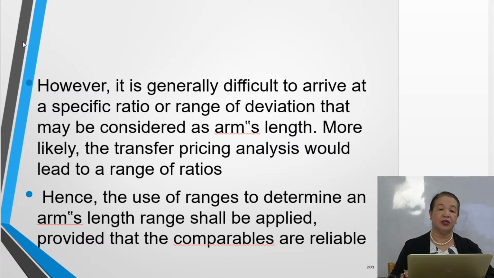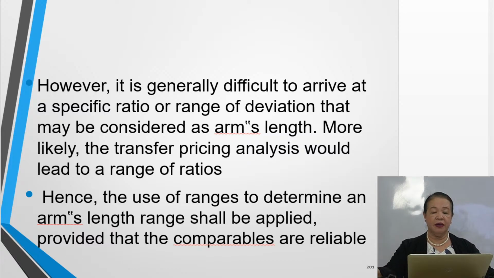Our comparables should be independent parties because our tested parties are the related parties, and our comparable should have the same functions as our tested party, the same characteristics of product and services, the same strategies, the same economic conditions, the same contractual terms. So, those are the five comparability factors that should be the same when we compare.